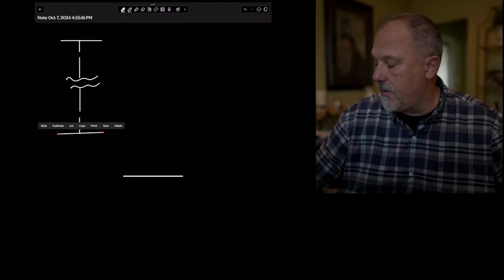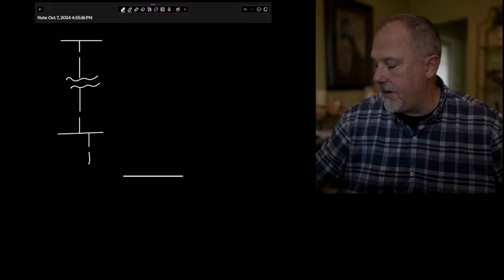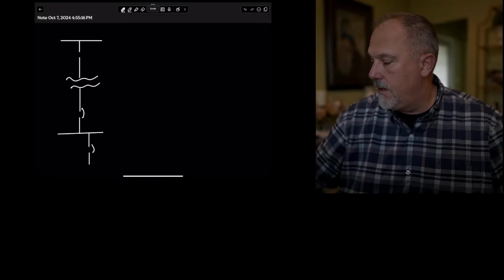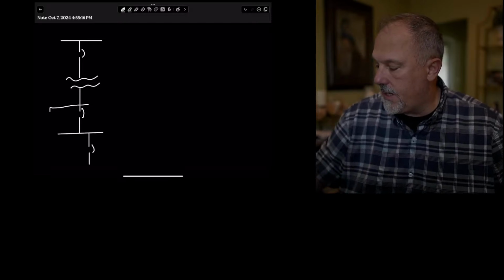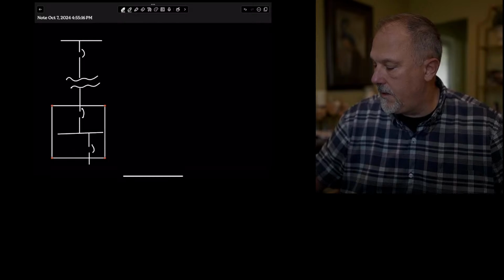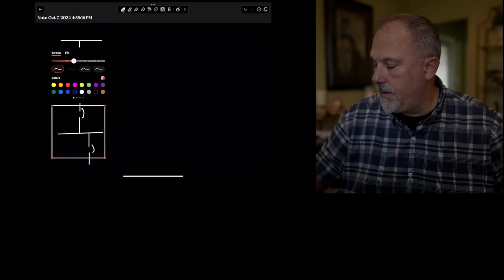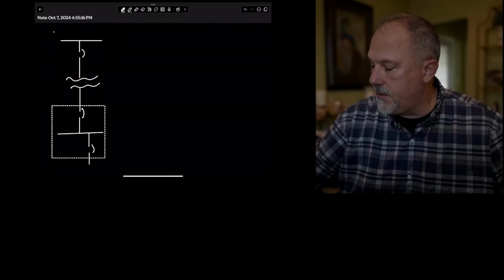All right, so this is what we're going to do. I'm just doing our one-line diagram. I'm going to outline my enclosures, and we will dash these. That's an enclosure.